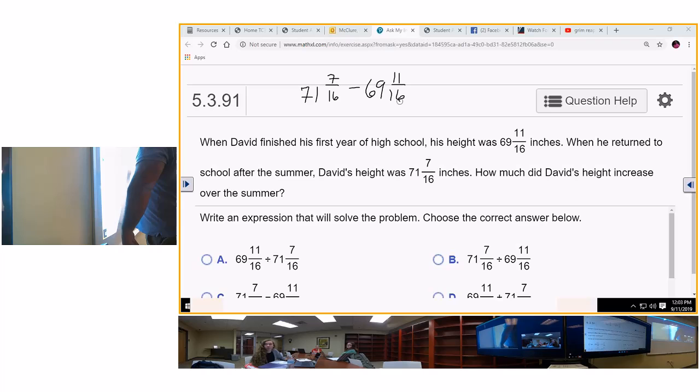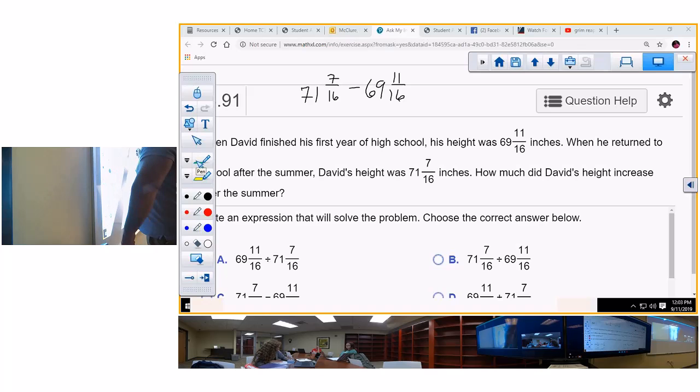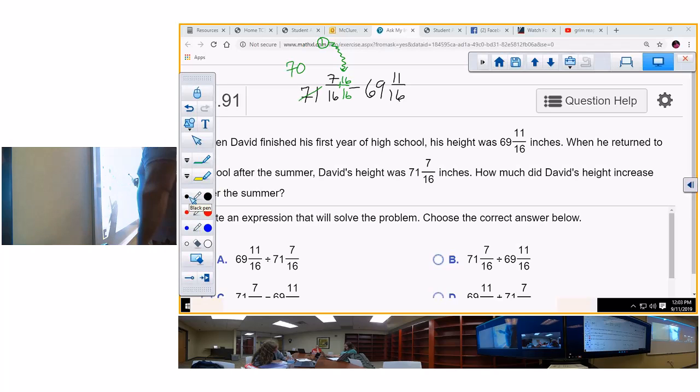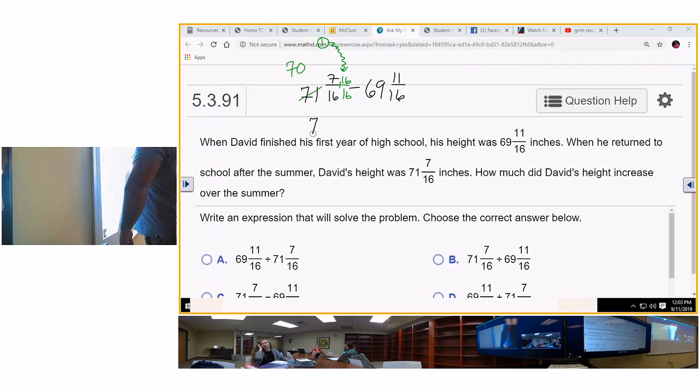Yes, because you can't take 11 from 7. So I'm going to borrow 1. Let me get my green. Borrow. That means a 70 and a 1 up here, but I'm going to bring it down as 16 over 16 and add a plus symbol. And that's going to give me 70.